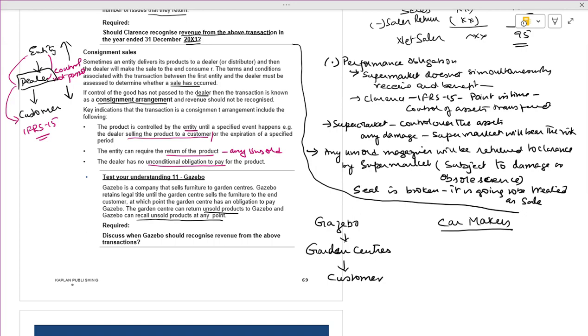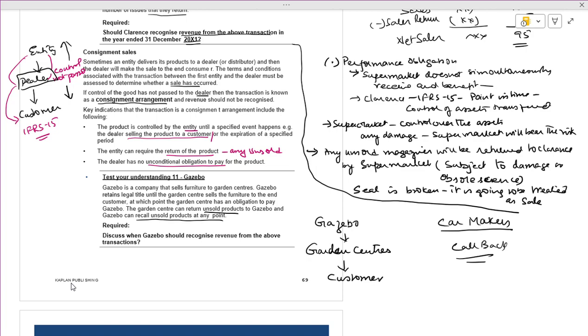If any fault is there, car makers will call back the products, any manufacturing defect. If you sell the product, pay accordingly. If you are not selling the product, there is a conditional transaction.